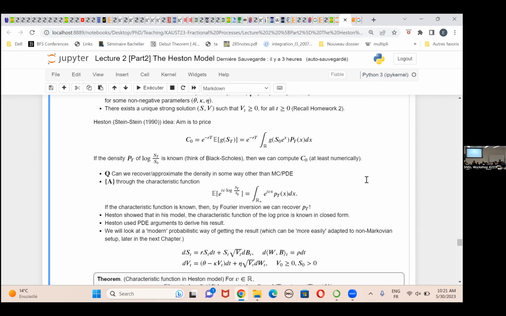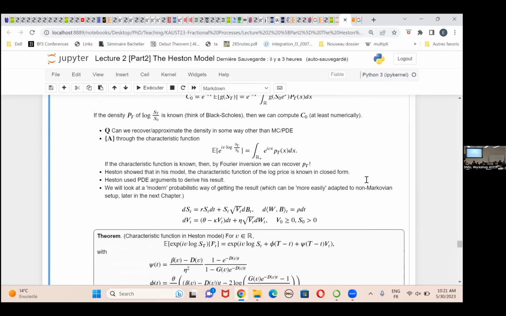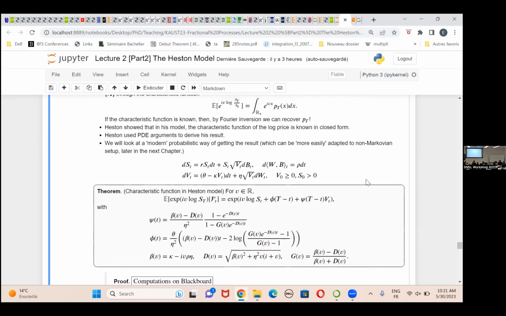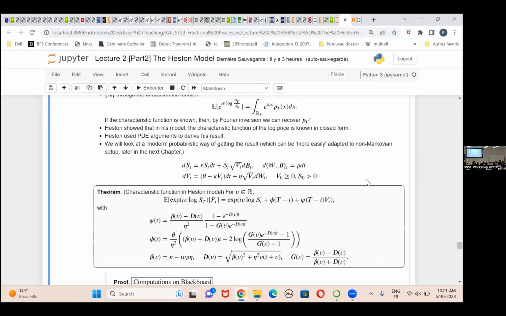Okay, so now that we are convinced that this is a well-posed equation, let's compute the characteristic function of the log price. For now, maybe we don't really care about these explicit formulas, but what we're going to show is that the characteristic function of the log price is actually exponentially affine in log S and V, where the coefficients phi and psi are given explicitly.